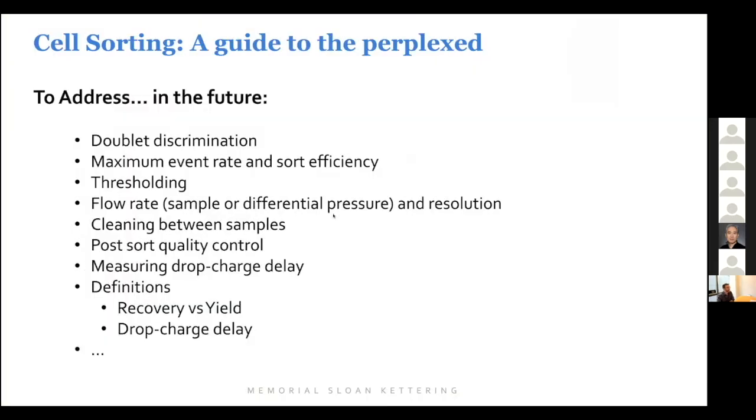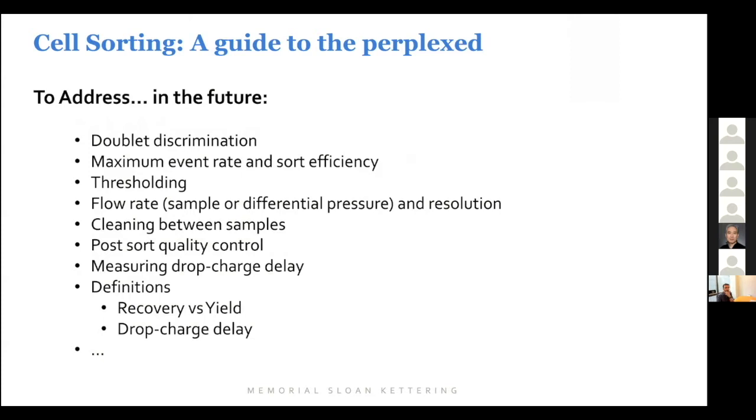So as I was saying, a lot of the people here that are listening probably work in flow core facilities, or at least have a lot of experience in cell sorting. And there are so many things that we haven't addressed yet. As a flow core facility, of course, we think a lot about cell sorting.